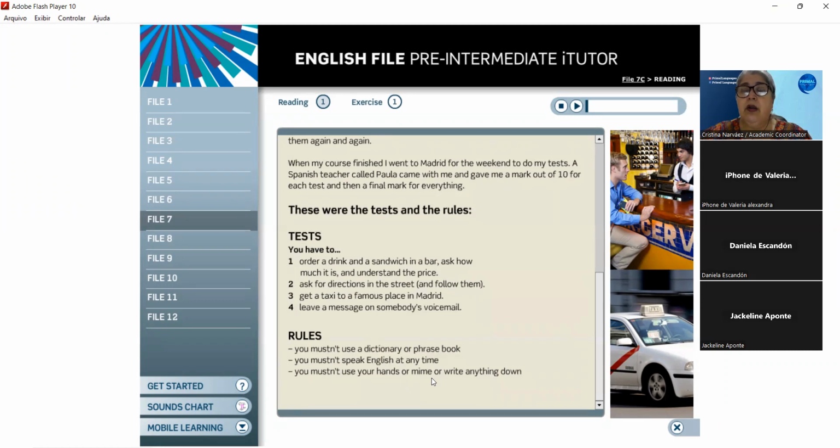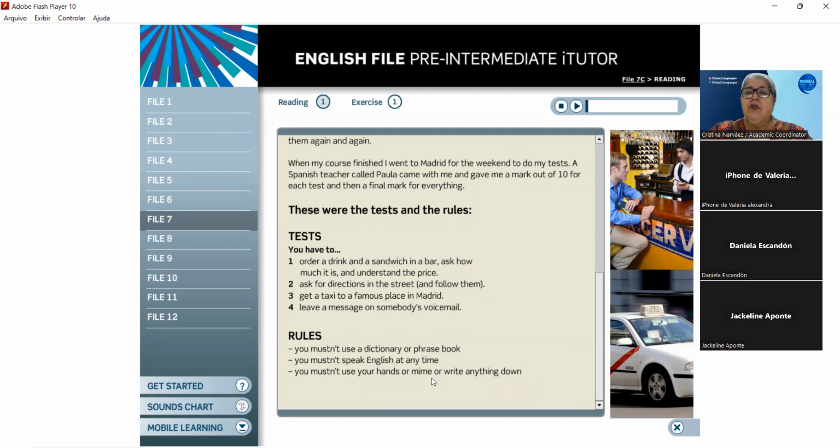Mime that you are happy. So the mime, the face expression? Yes, in Spanish we call it mímica. So you mustn't use your hands or mime. For example, if I'm thirsty, I can say, please, please, quarter. No, I mustn't mime.